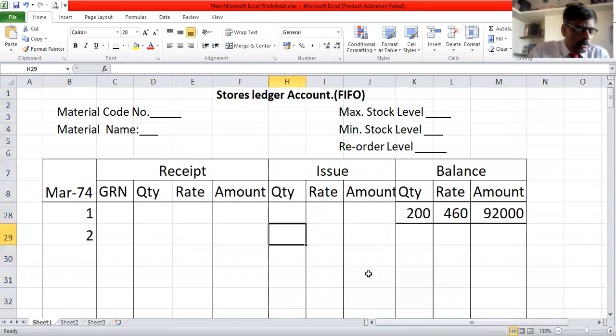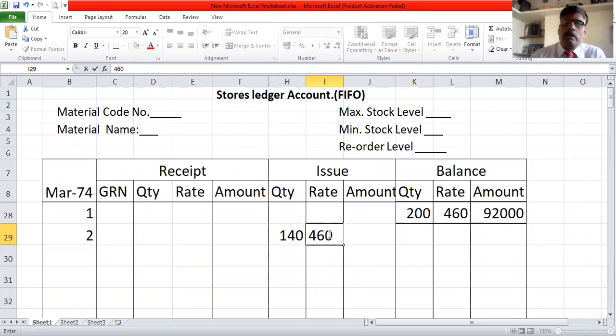Okay. Then issue is 140. 140 tons is issued. Rate is 460. You take the 460 rate and multiply these two.